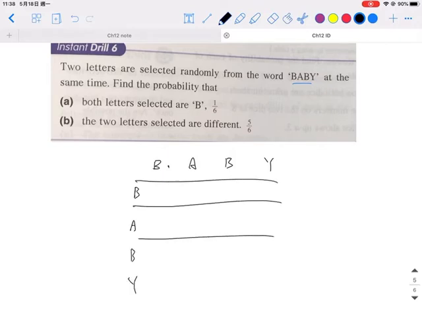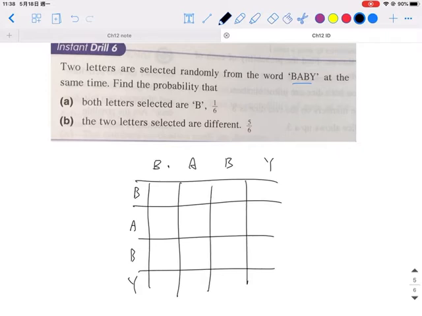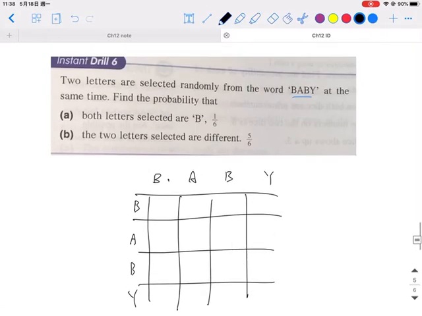So first of all, we try to draw a table. And do we need to cross out the diagonals? It should be, because the keywords are at the same time, so this is without replacement. So that means you need to cross out. It is impossible to get double A, double B here. So the total outcome should be 12, right?